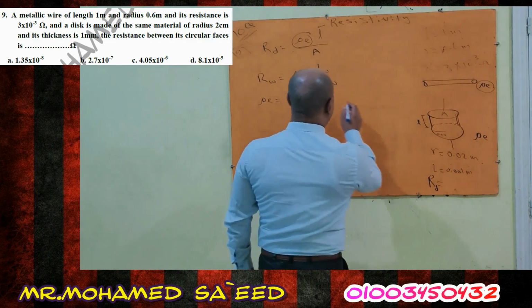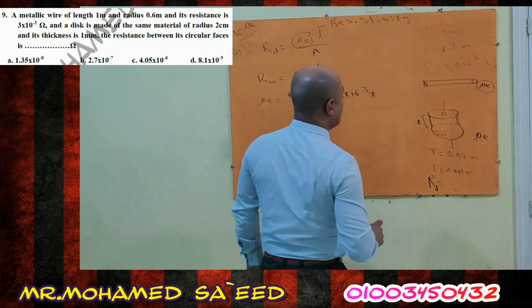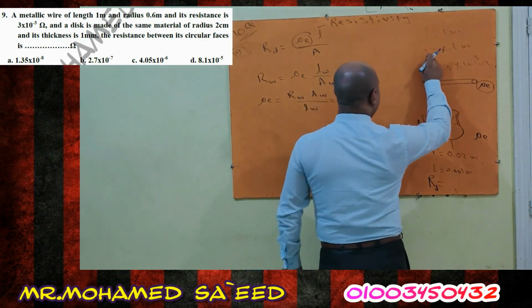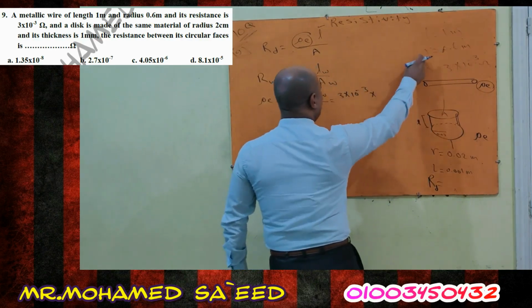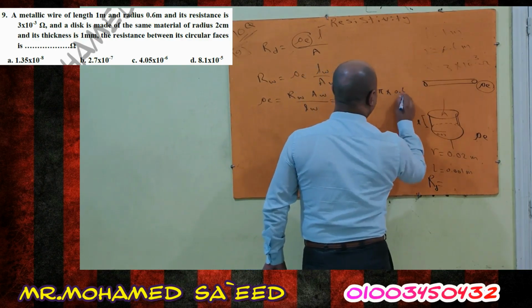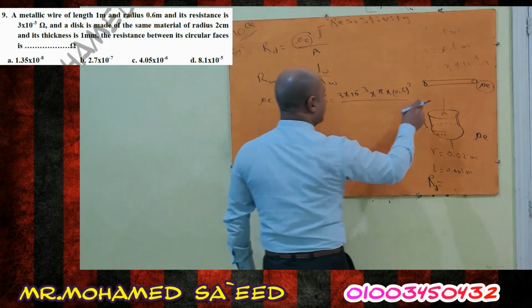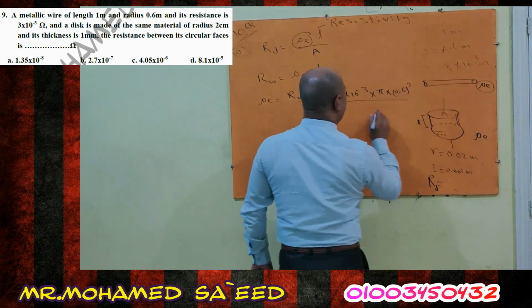R wire equals 3 times 10 to the power negative 3. A wire equals what? We have the radius, so A equals pi R squared, pi times 0.6 squared, over L of the wire, the length of the wire, which equals 1 meter.